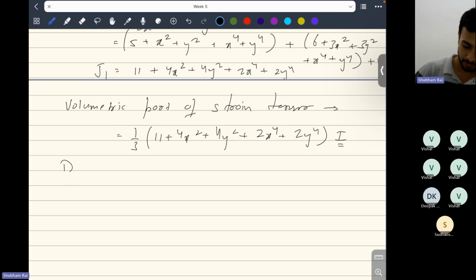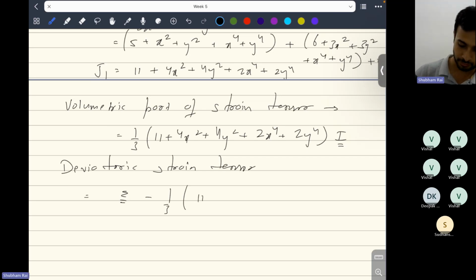And obviously you can find the deviatoric strain tensor. You need to do epsilon, the whole strain, minus this volumetric part. You can just evaluate it, because you have this strain tensor.